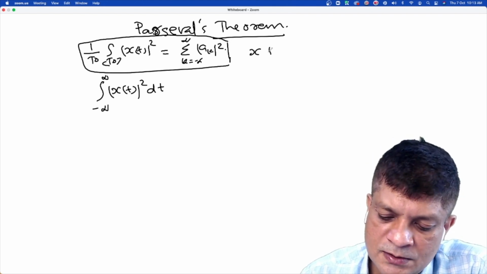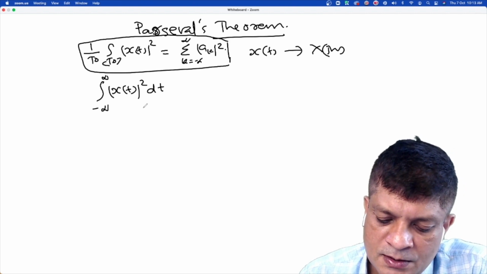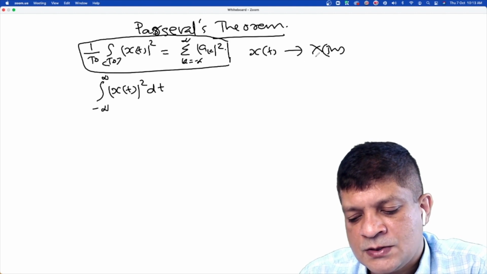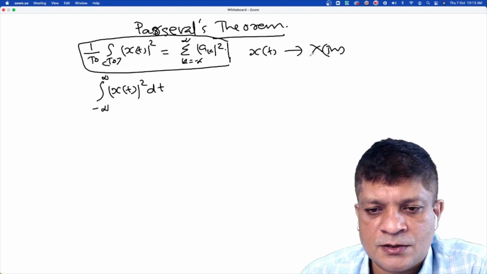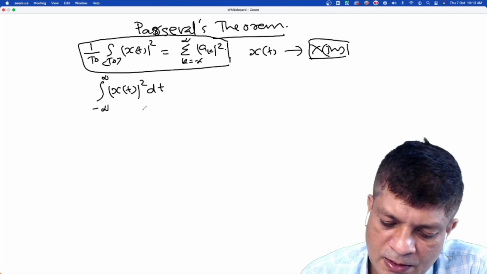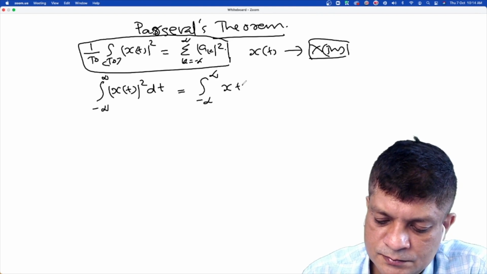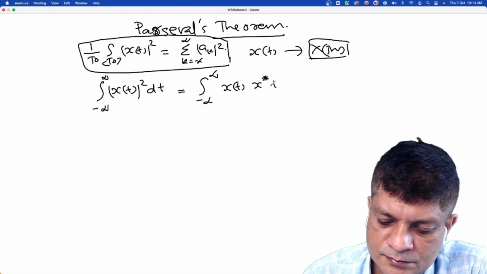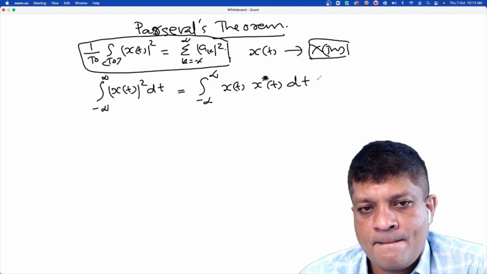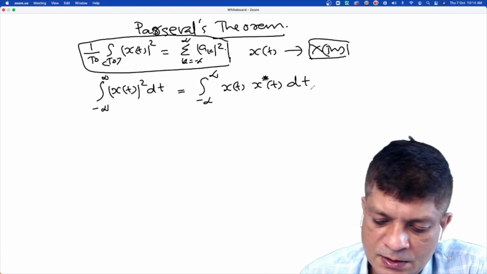If x(t) has the transform X(jω), then this is the energy of the signal, and how is this energy related to its Fourier transform X(jω)? So we can write this as x(t) times x*(t), that is |x(t)|^2, the energy of the signal.